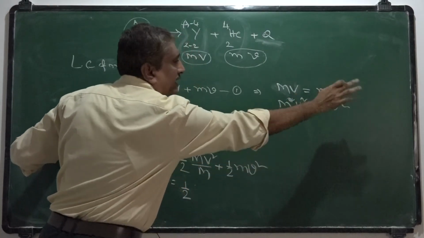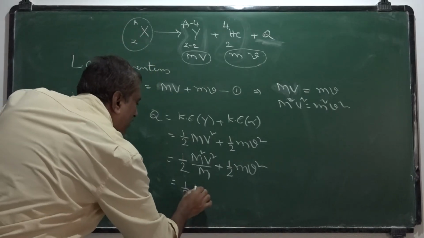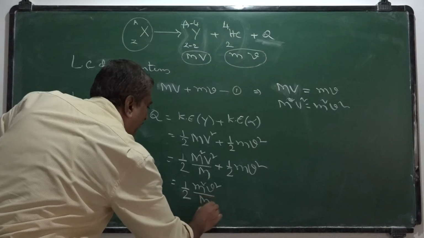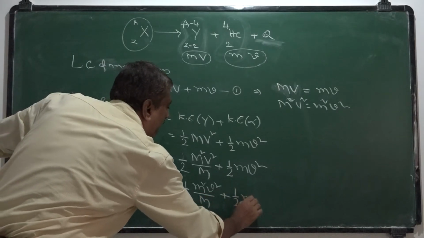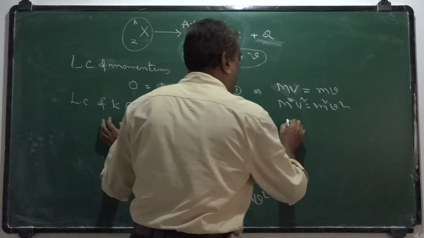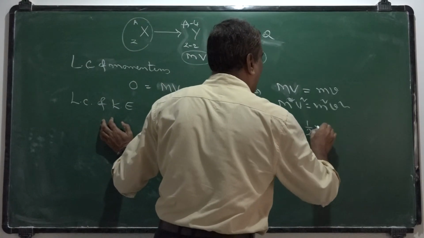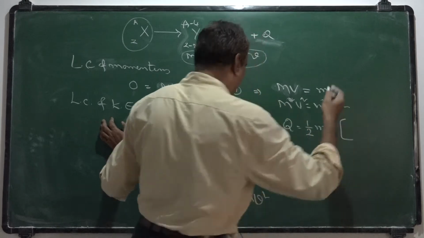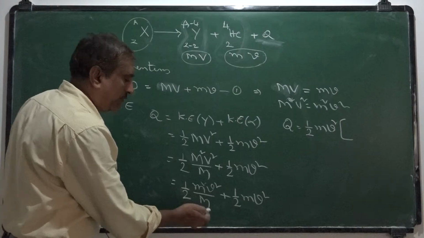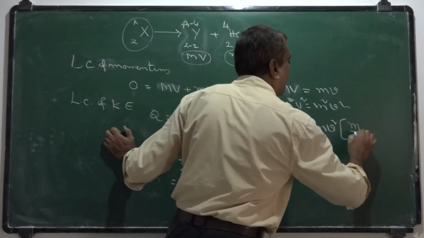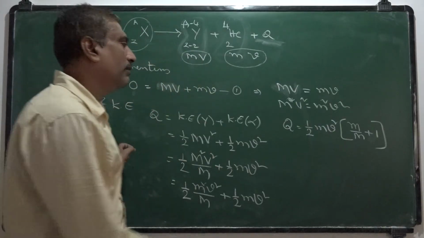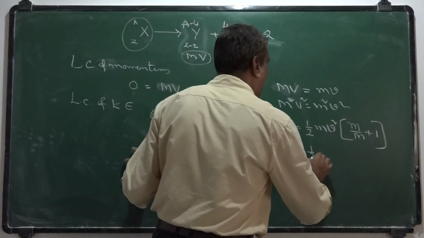That's why we have neglected the negative sign. So Q equals half small m square small v square by capital M plus half MV square. Now taking the half MV square term common, Q is equal to half MV square into small m by capital M plus 1.